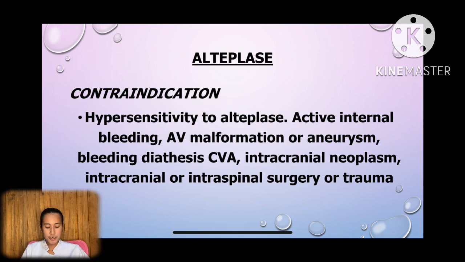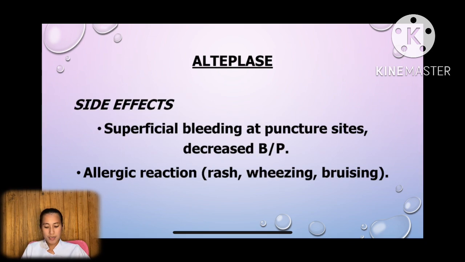So its contraindication is hypersensitivity to alteplase, active internal bleeding, AV malformation or aneurysm, bleeding diathesis, CVA, intracranial neoplasm, intracranial or intraspinal surgery or trauma. So side effects, superficial bleeding at puncture sites, decreased BP, allergic reaction, rash, wheezing, breathing difficulty.